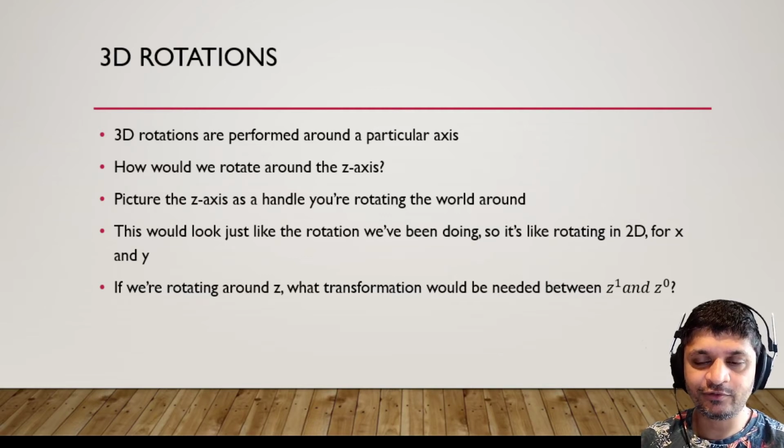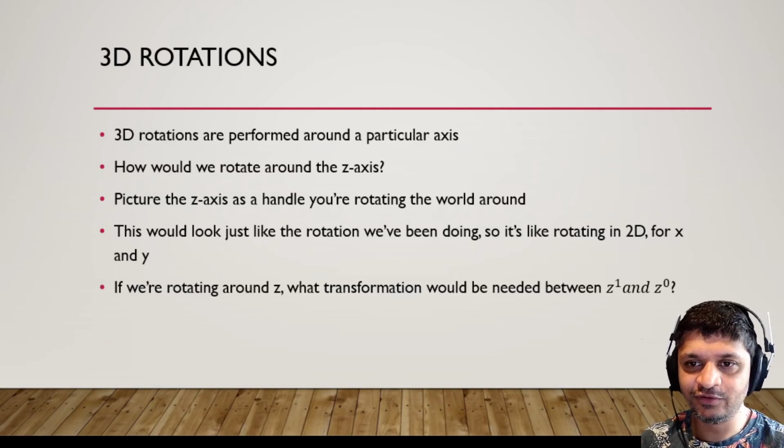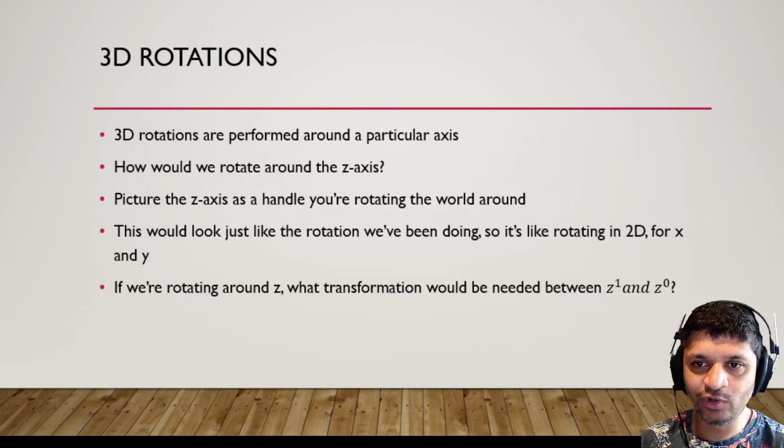So if we were to rotate around the z-axis, picture your three axes, x, y, and z, and remember that blue line that defined the z-axis. Picture yourself holding that line and twisting it so that the world rotates, right? What actually happens is that z stays where it is, and x and y rotate around.